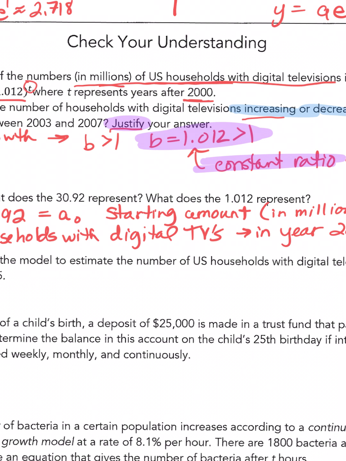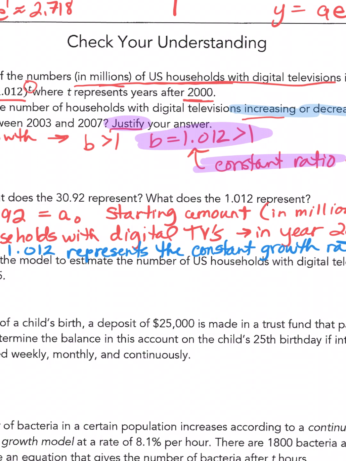Now, what does the 1.012 represent? 1.012 represents the constant growth rate. In other words, the number of TVs grows by 1.2% each year.